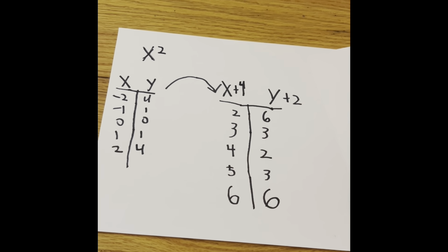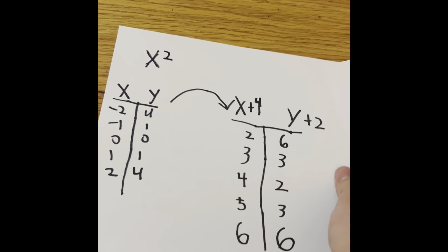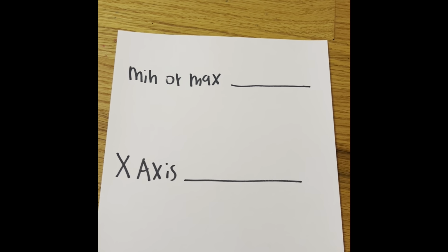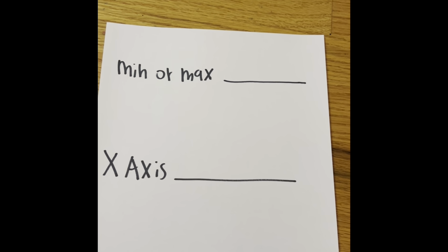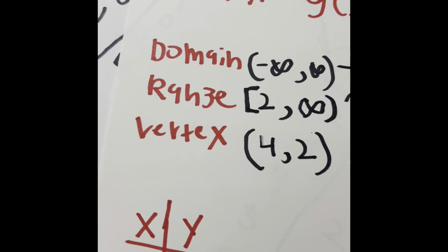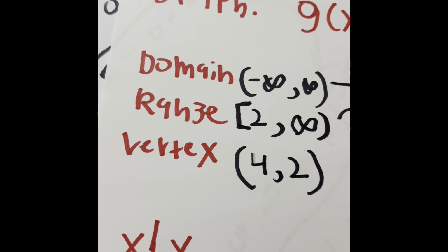Wait, before we end this video, there is something that your teacher might put on your test if you're in some kind of strange math class. A minimum or a maximum, and the x-axis? Well, how are we going to do that? Well, we kind of already explained it with the domain and the range. When you talk about the min or the maximum, we're going to actually use the range in this one.